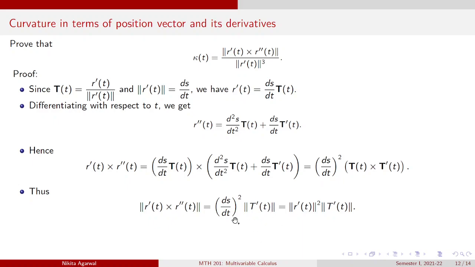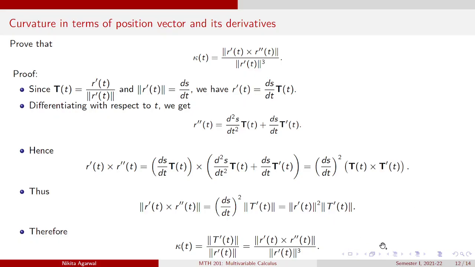But what is ds/dt? ds/dt by definition is the norm of r'(t), and you have a square, so this is what you get. So kappa(t), by definition from the previous slide, was the norm of T'(t) by the norm of r'(t). But the norm of T'(t) is now nothing but this norm divided by the square of this term, and then there's an extra term, so this is what you get. You can pause for a minute; these are straightforward computations. You can just verify them.